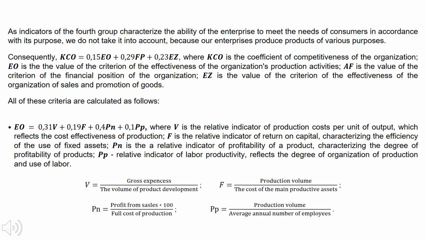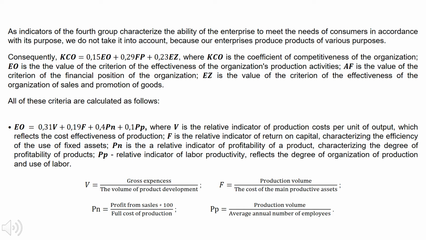F is the relative indicator of return on capital, characterizing the efficiency of the use of fixed assets. Pn is a relative indicator of profitability of a product, characterizing the degree of profitability of products.